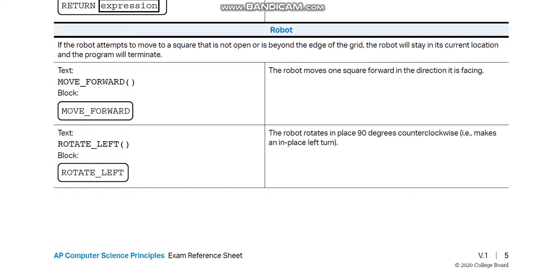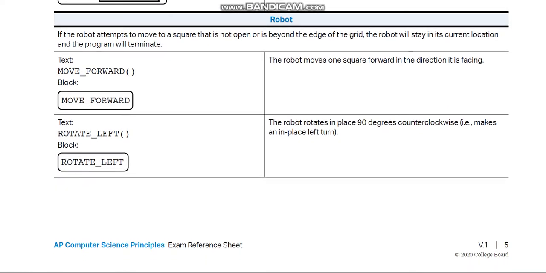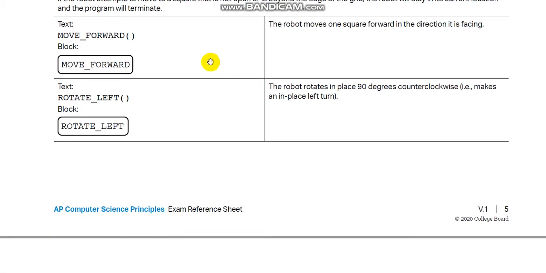Okay. Now, for this one, for that particular question that I have in the Google form, I want you to pay particular attention to the robot. The robot is basically the black triangle trying to get to a certain square on a grid. As you can see, these are all little directions that you would use to tell the robot to go somewhere.